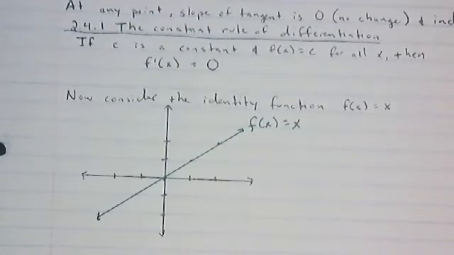How's the identity function changing? Sophie. By like 1, so like up 1 over 1. Yeah, the slope of that line is 1. That's literally the definition of a line, it has a constant rate of change.